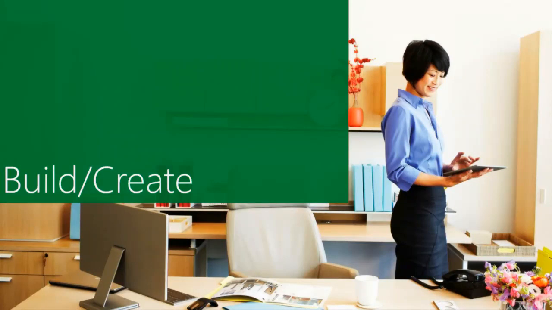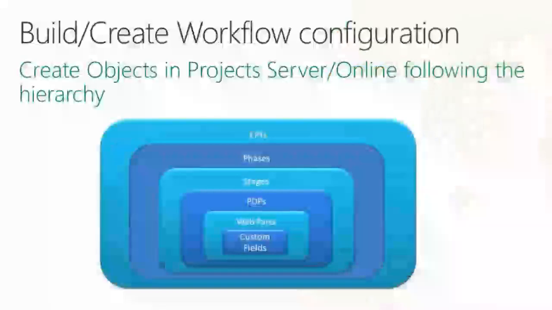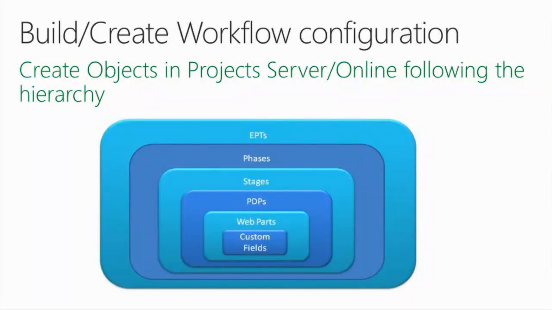So let's go into the build and create phase now. As I mentioned already, in the workflow configuration, we need to create a certain number of objects in Project Server. And we need also to follow the hierarchy of objects because some of these objects are included in others.